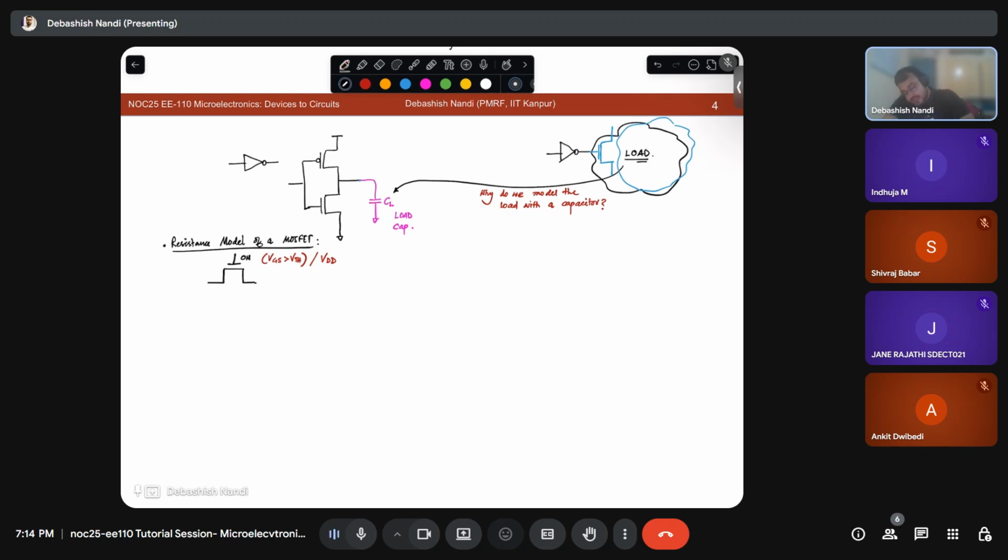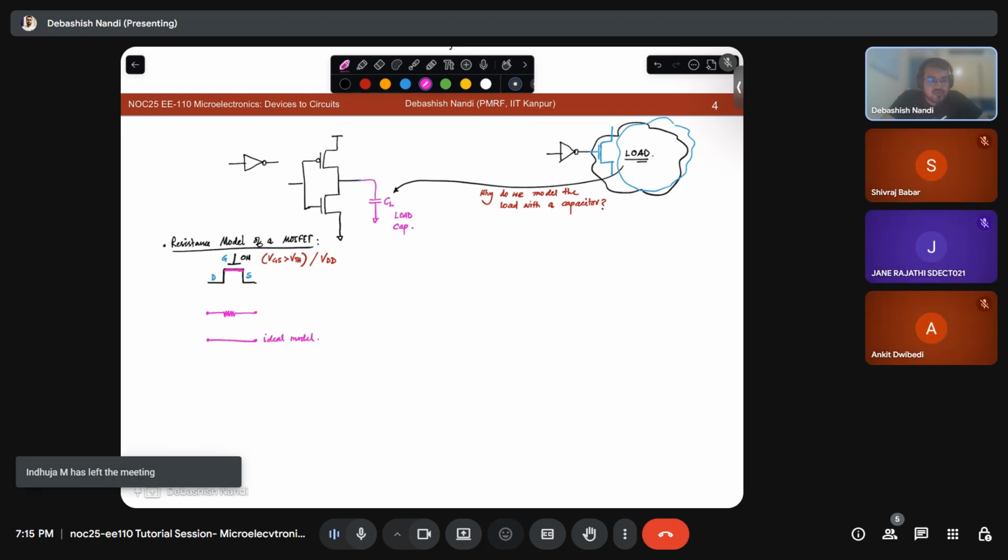Fine. So if that is the case, then let's say this is your gate, this is your drain, and this is your source. You can simply model this as a resistance. So this is your ideal model. Ideally, your channel should form and there should not be any resistance. But as you know, there will be multiple scattering events that lead to a non-infinite mobility.